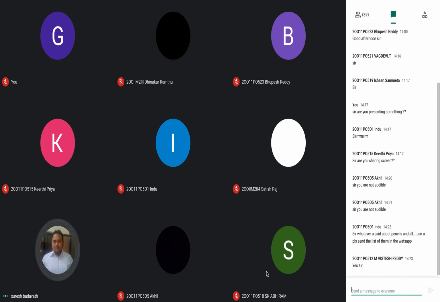Engineering students should prepare the A2 drawing sheet, which is recommended. A2 is 420 into 594. This is the practice drawing sheet.